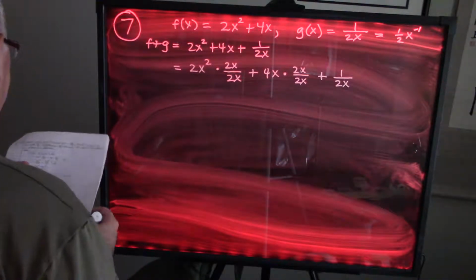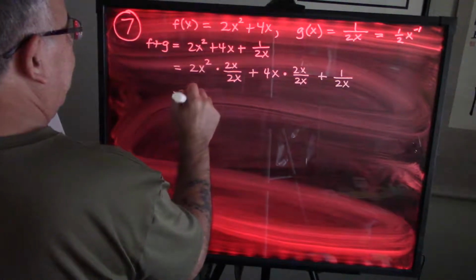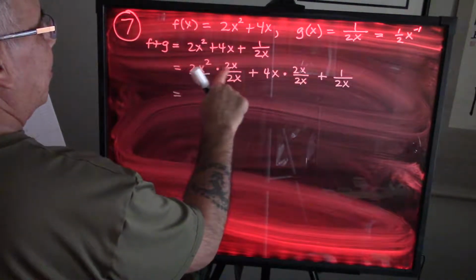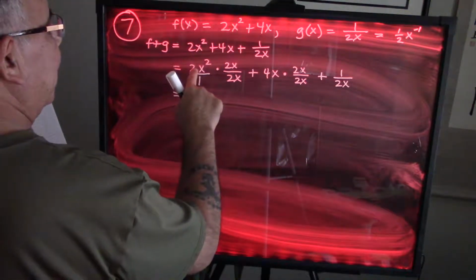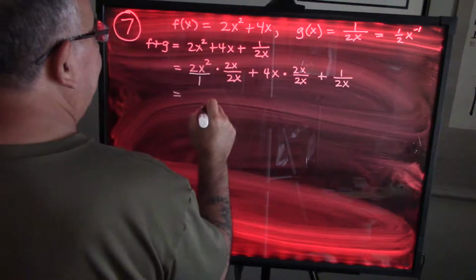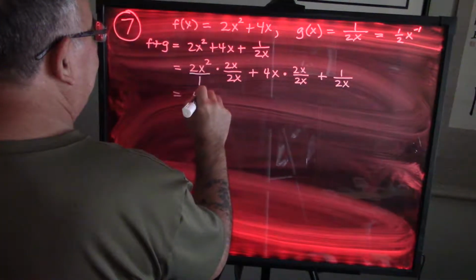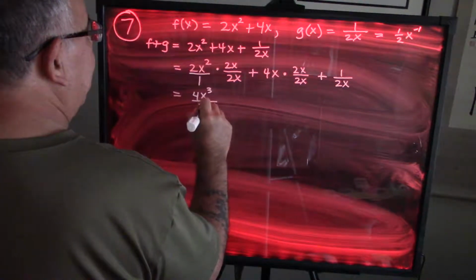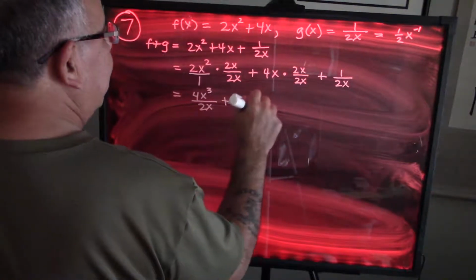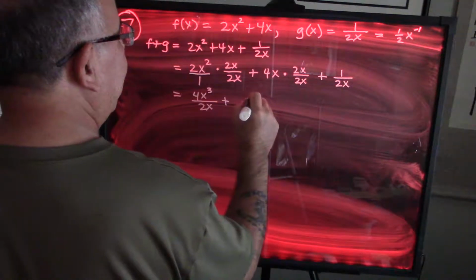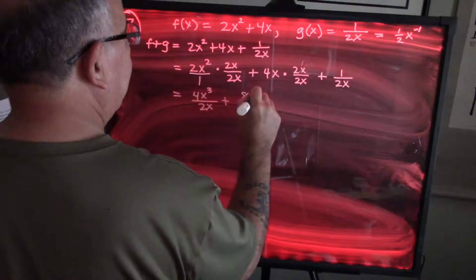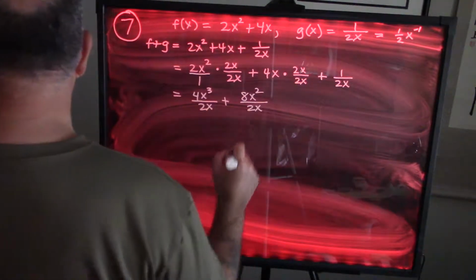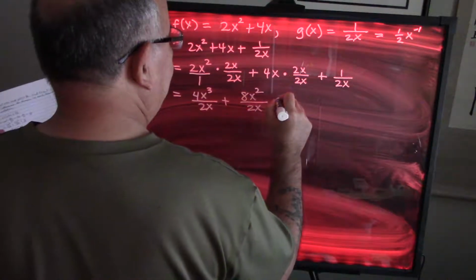Alright? So this is equal to, think of this as 2x squared over 1, and then just multiply numerators and denominators. Alright, so you get 2x squared times 2x is 4x cubed over 1 times 2x is 2x, plus 4x times 2x is 8x squared over 2x, and then plus 1 over 2x.